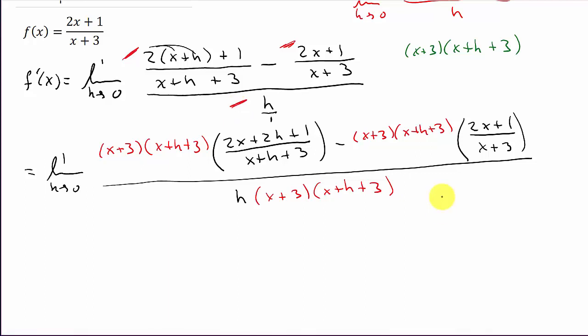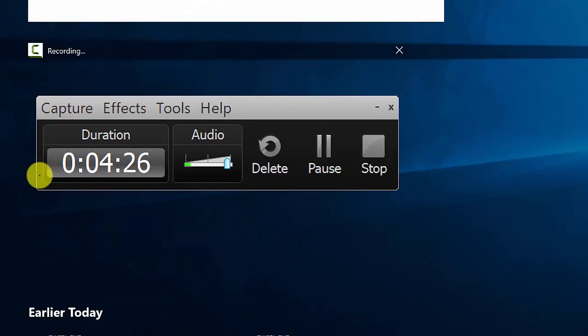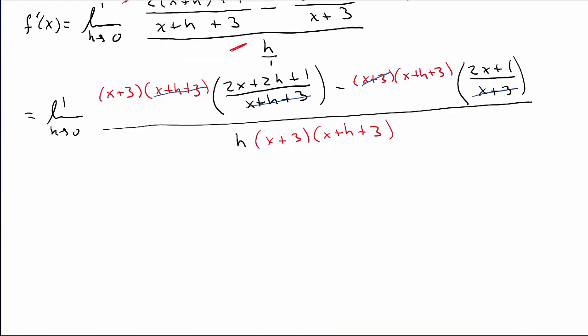Okay, all right, so let's see. Well, this cancels, and the x plus 3's cancel. So let's see what we've got. Alright, I guess I accidentally hit something. Alright, well, we're back.